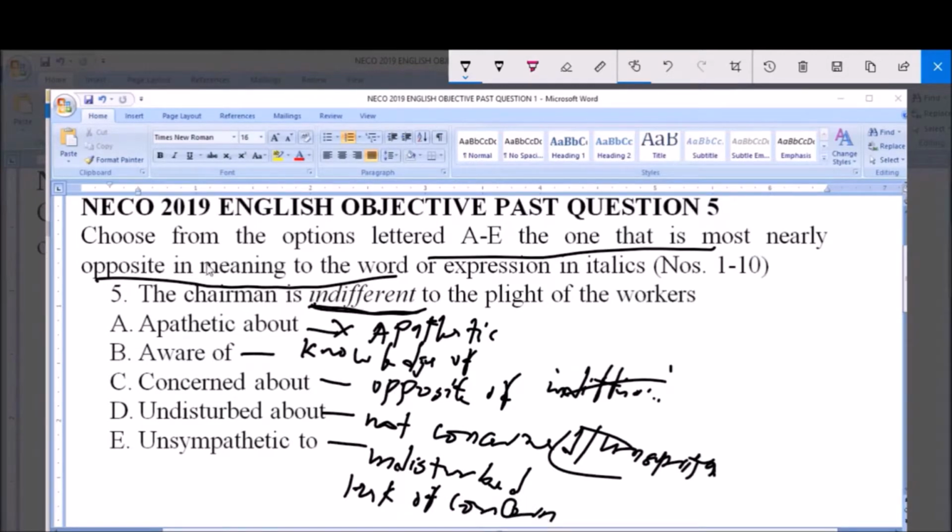So the only word that's the nearly opposite meaning to this word indifferent is concerned about, because indifferent means lack of concern. So option C is correct.